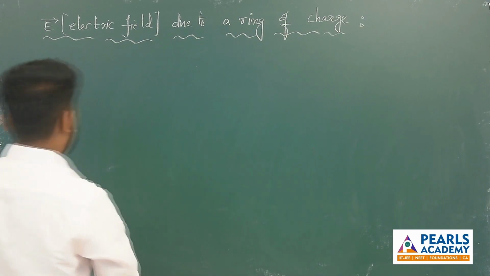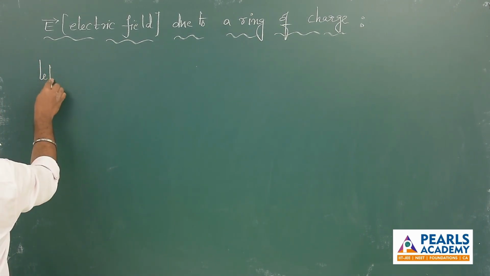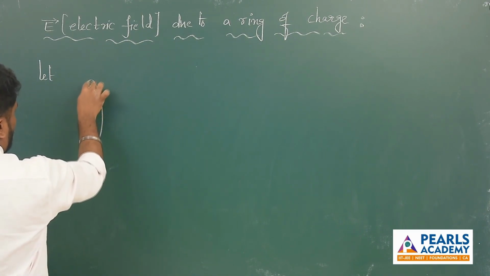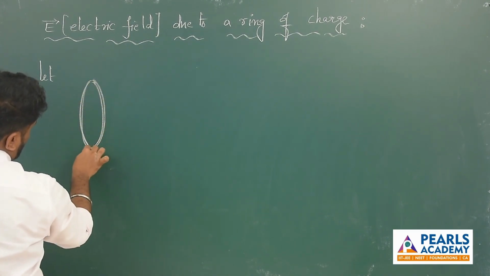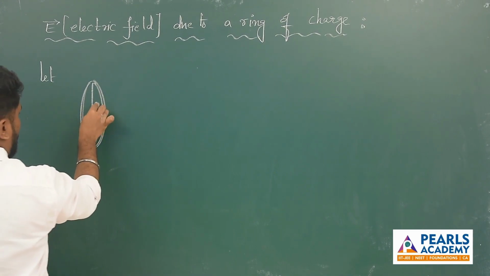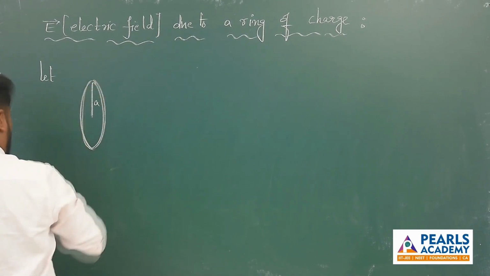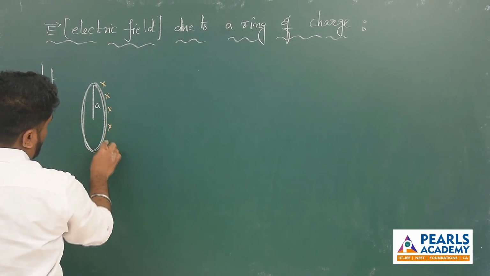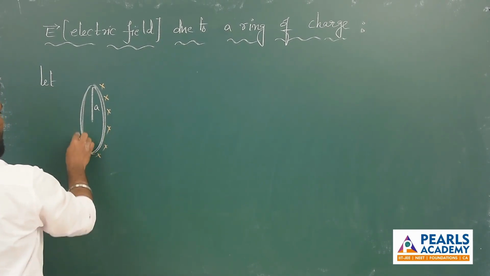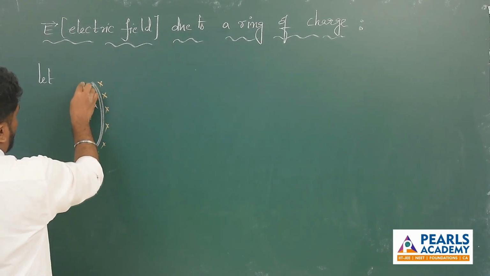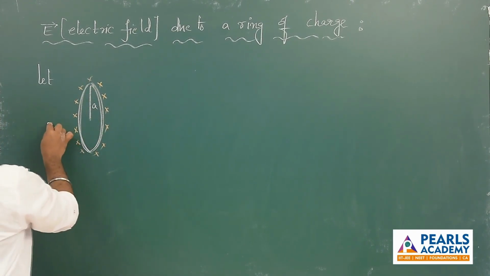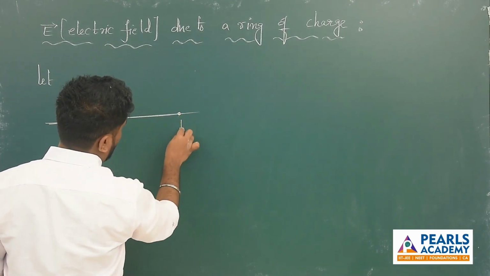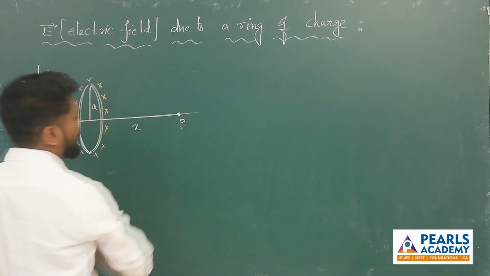Let us consider a ring of radius A having a positively distributed charge on its surface, and there is a point P on its axis at any distance x.